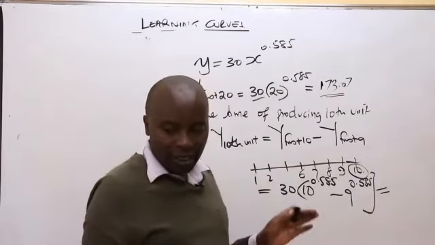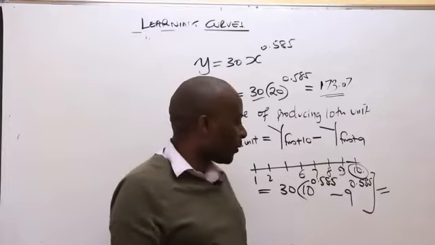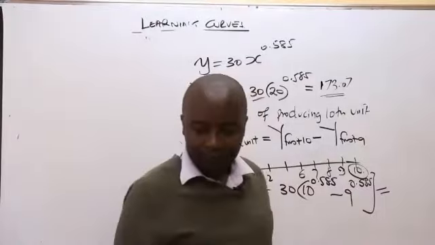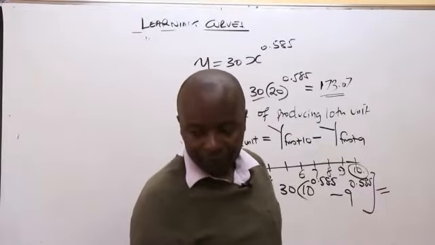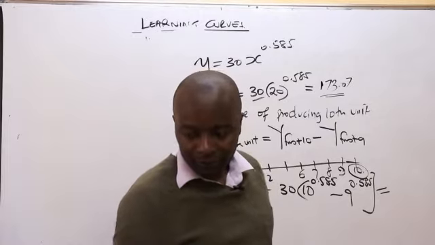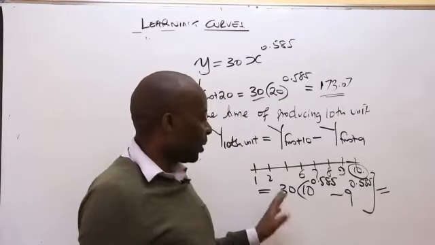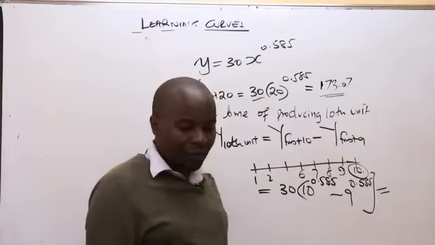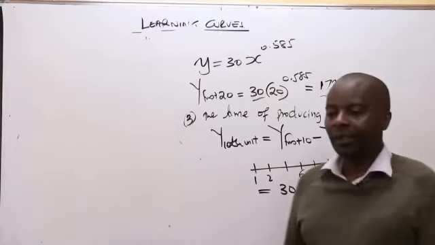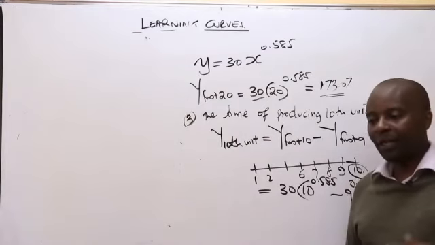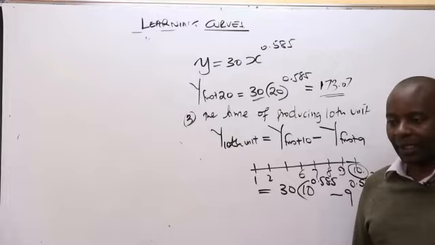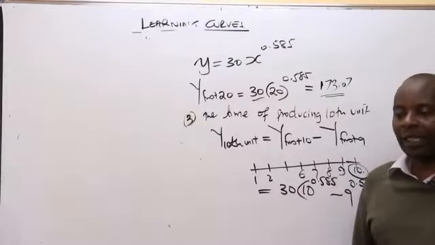So you say 30 times open brackets, 10 raised to 0.585 minus 9 raised to 0.585. Please give us an answer. I know you could have used a different approach, but really we'll end up getting the same answer. So I'm waiting for somebody to confirm that indeed also Mwalimu's method is able to give us 6.9 or 6.89 or something close to that.